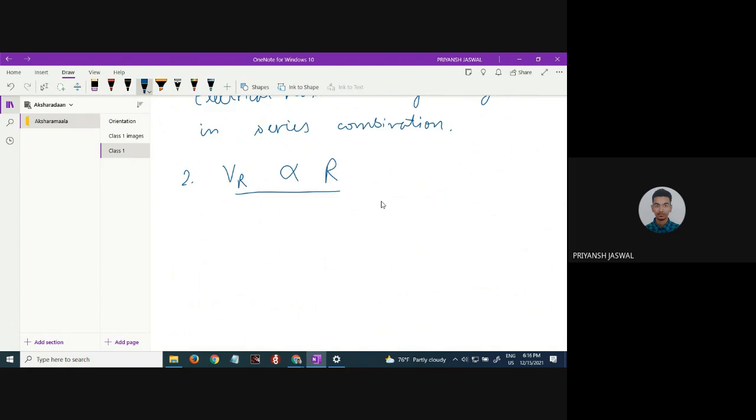So greater the value of R, greater will be the potential difference across it. Let me give you a quick example.